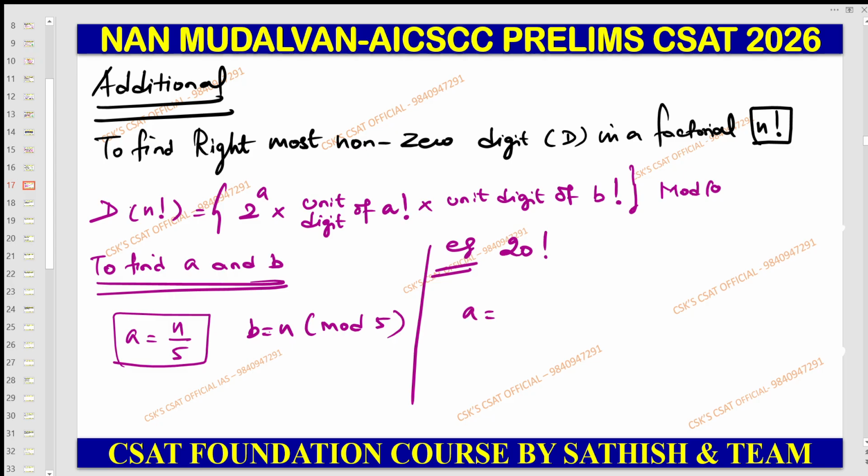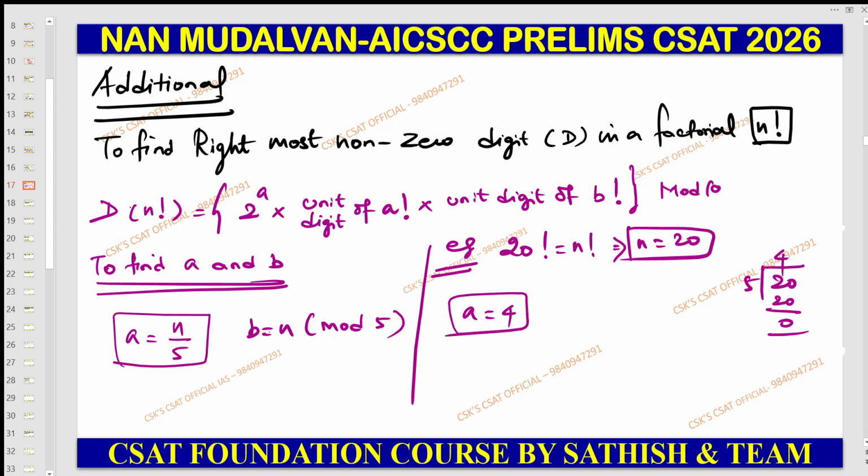Now a is nothing but what? n here is 20, as this is 20 factorial. Divide this 20 with 5, listen carefully, 4 times. So a here is nothing but the quotient. You have to take the quotient here. B here is nothing but n modulo 5. It completely vanishes, so you have to take the remainder here.